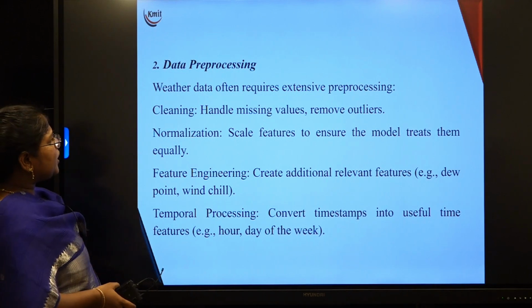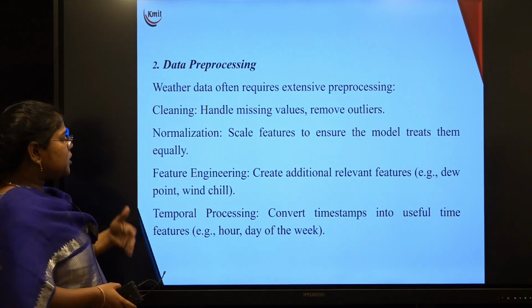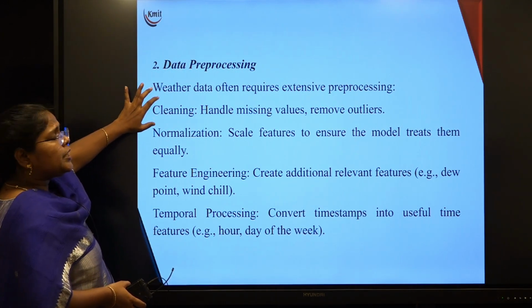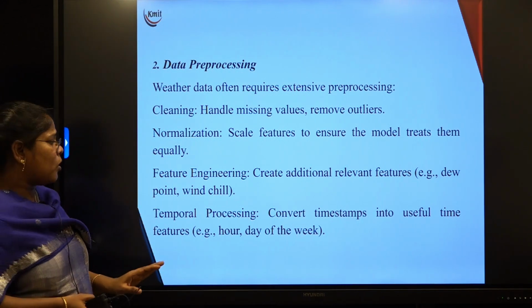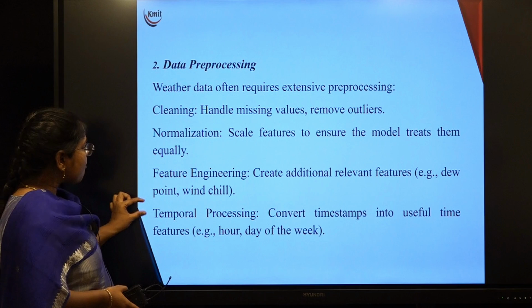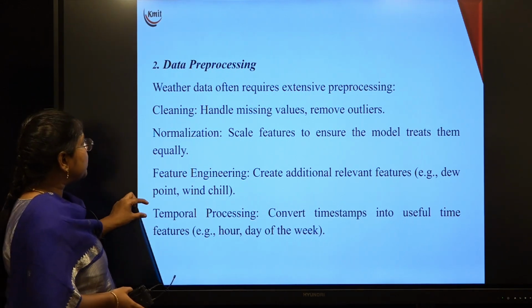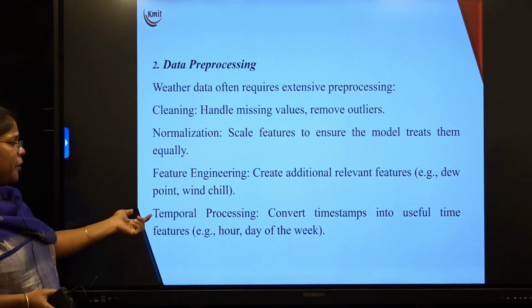Based on the weather data, we start our data pre-processing. Here we clean the data, normalize the data, and do feature engineering, which is the same old concept. But for weather forecasting, we have one more special pre-processing called temporal pre-processing.